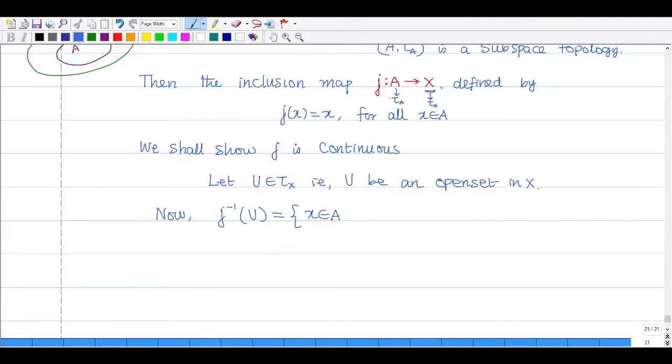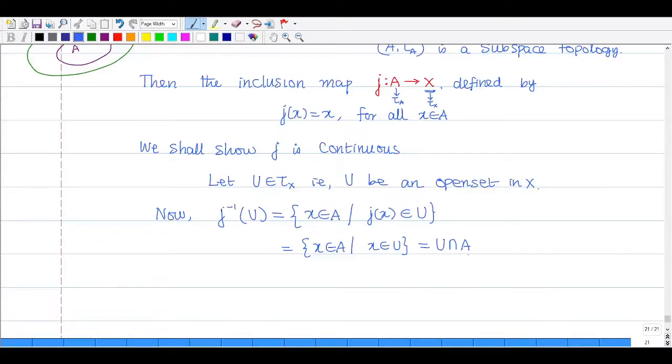J is a function from A ல இருந்து X, அதனால you collect all those x element in A such that this J of x must belong to U. கரெக்டா? இதுதான் J inverse of U. ஆனா J of x equal to யாரு, x. அப்போ this is equal to set of all x வந்து A ல இருக்கணும், such that J of x equal to x வந்து U ல இருக்கணும். அப்படின்னா இது U intersection with capital A. கரெக்டா? U லயும் இருக்கணும், A லயும் இருக்கணும். So that is nothing but U intersection with capital A.